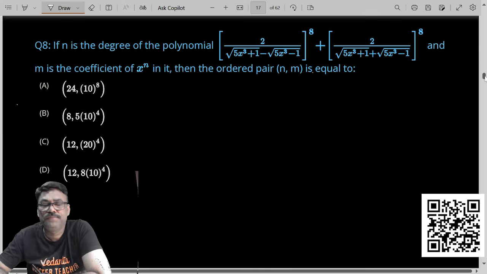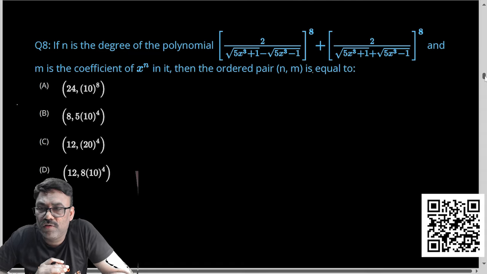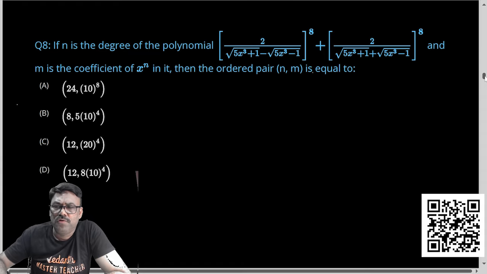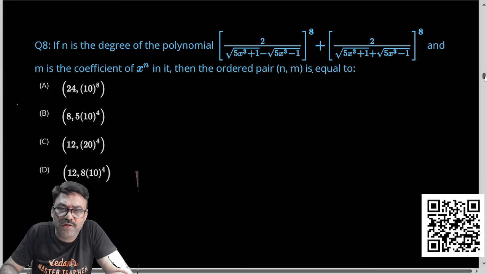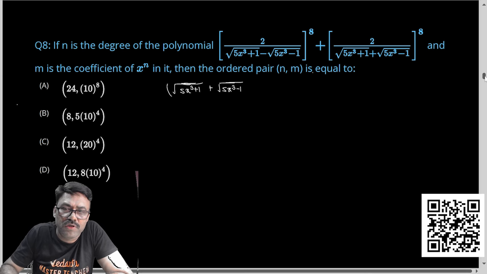So let's solve it. First, I have to get the degree of this polynomial. So now if I rationalize this, under root 5x cube minus 1 minus under root 5x cube plus 1, just multiplying the numerator and denominator with its conjugate. So actually this first one becomes under root 5x cube plus 1 plus under root 5x cube minus 1 whole raised to 8.